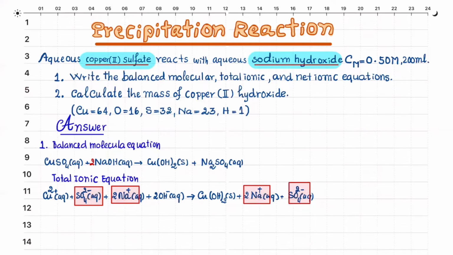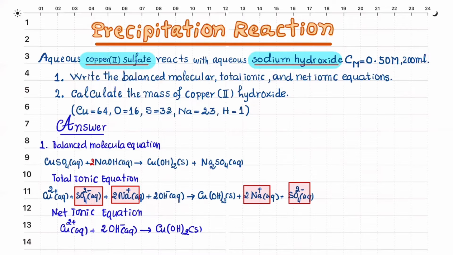So the last equation, the net ionic equation: copper(II) ion aqueous plus hydroxide ion aqueous gives copper(II) hydroxide solid.